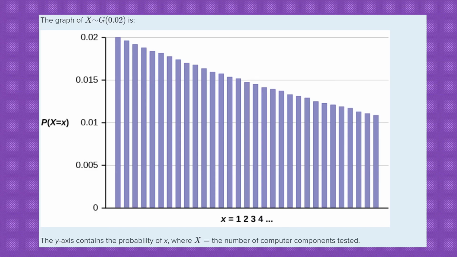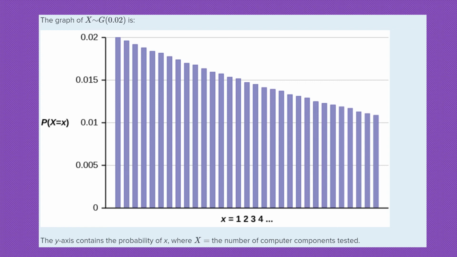For the same question, if you're trying to graph the function P of x equal to x, which is the probability mass function, for this given probability of success 0.02, you can get this graph using MATLAB. In this case, the y-axis contains the probability of x.